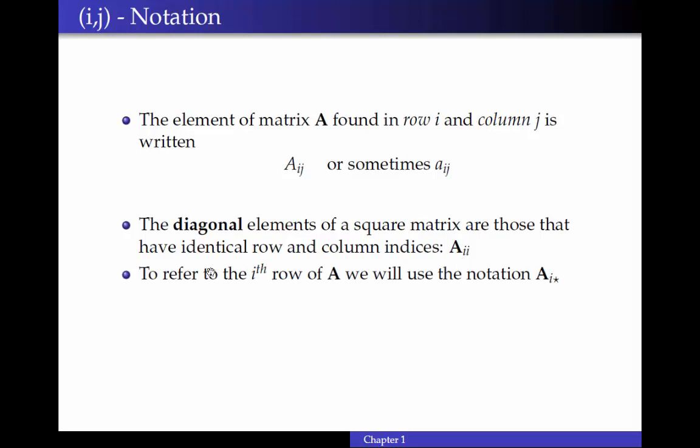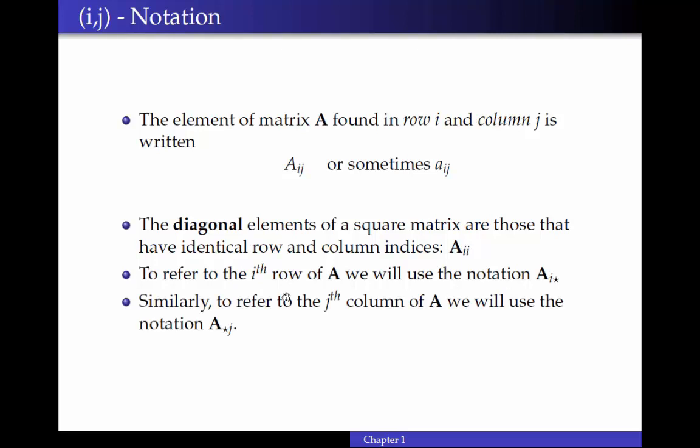If we want to refer to the ith row of A, we'll use the notation Ai star, where that star says every column. So we want the ith row in every column. And then similarly, A star j means take every row in the jth column. That will give us the entire jth column of the matrix.